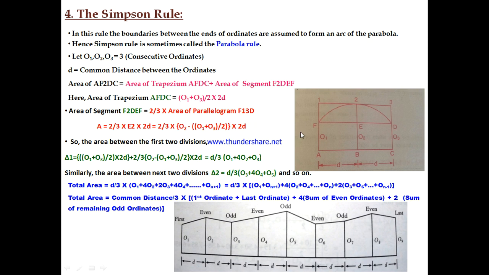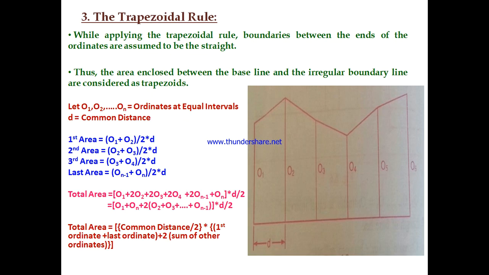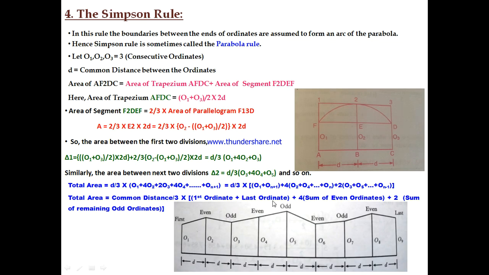So what is the difference between Simpson rule and trapezoidal rule? Here we get D by 2 as the common distance, and in the Simpson rule we get D by 3. The second difference is in the calculation: here we have the sum of first and last ordinate, and there also we have the same thing, but here 2 times the sum of other ordinates is there, while there we have 2 times the sum of odd ordinates and 4 times the sum of even ordinates.